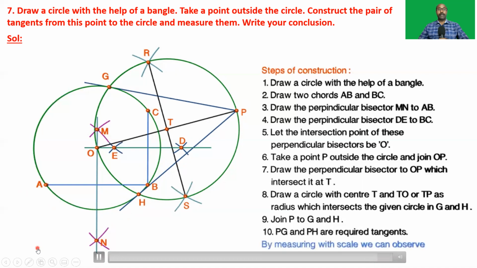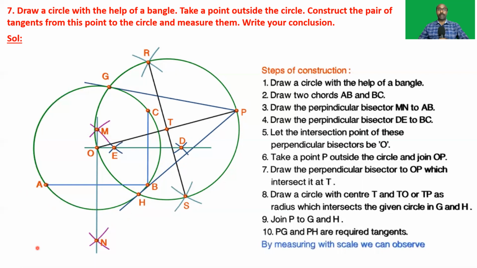By measuring the lengths PG and PH, we can conclude that PG is equal to PH. That is, the lengths of tangents drawn from an external point are equal. So that is the process of drawing a pair of tangents without knowing the center of the circle.